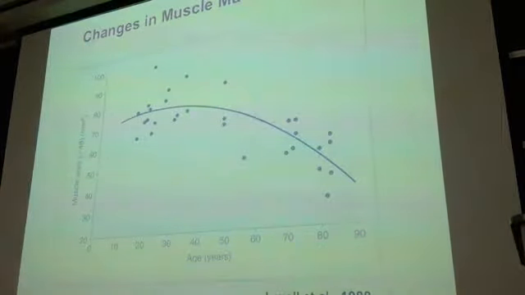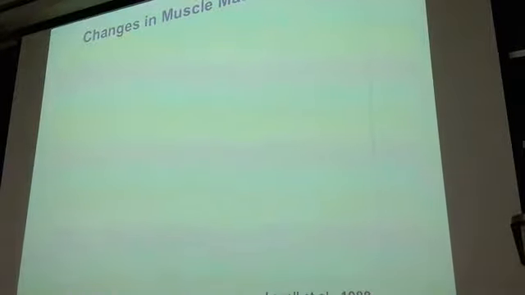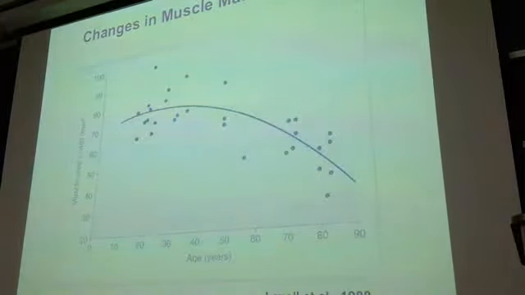So this is the time course that has been described for changes in muscle mass with aging. This is one study that aggregated a lot of data across different studies, and it's pretty consistent with other data as well.